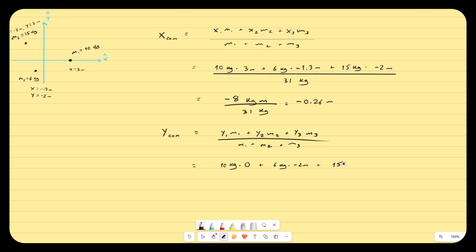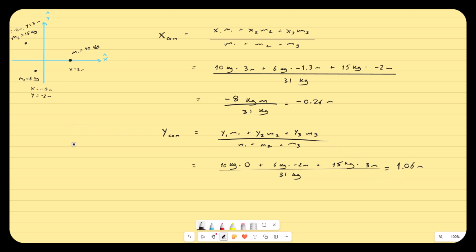And then 15 kilograms times positive 3 meters. I'm going to divide all that by my total mass, which is still 31 kilograms. 0, 6 times 2 is 12, negative 12. 15 times 3 is 45. 45 minus 12 is 33 over 31. And 33 over 31 is 1.06.